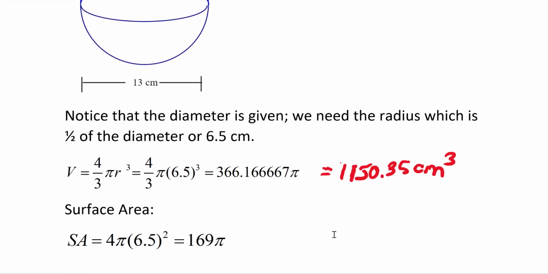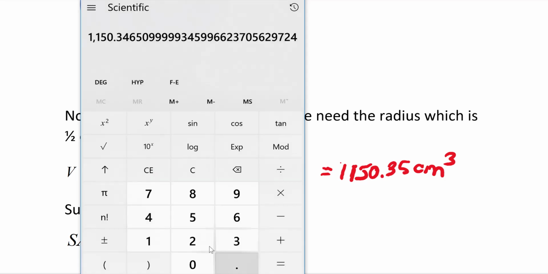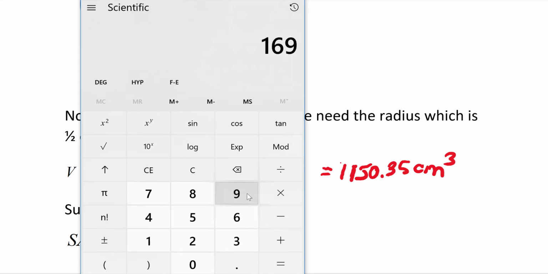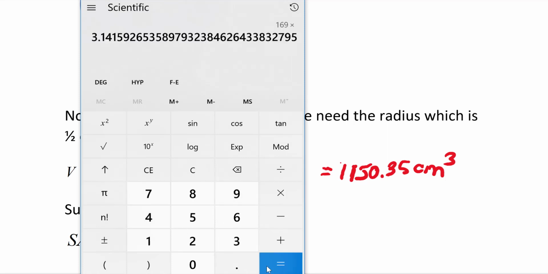The surface area formula is shown here, which is simply 4 times pi r squared. The radius is 6.5. It simplifies to 169 pi. So that gives 530.93.